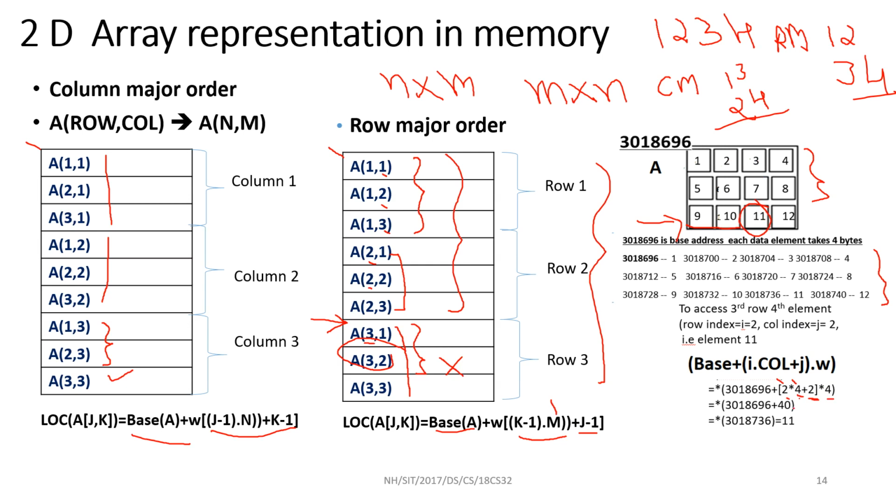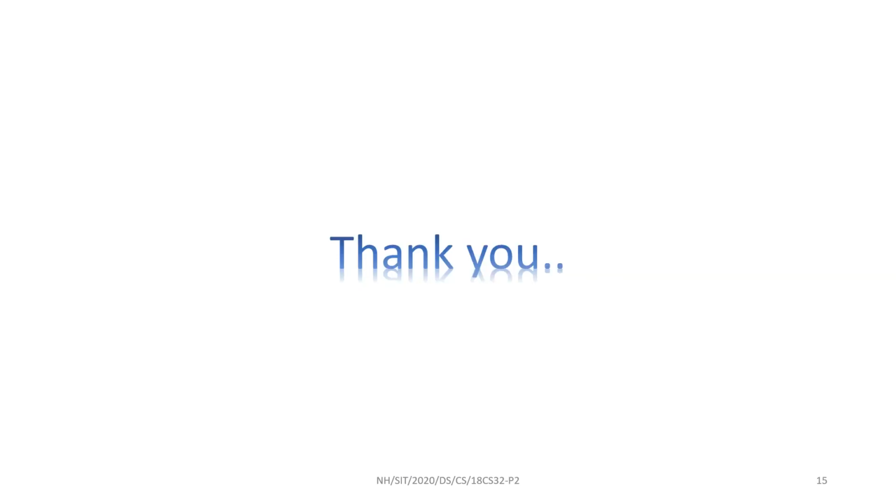Altogether you multiply by 4, and for that you add it to the base address. As you can see, the computed value and the actual value are both matching. This is how the address calculation is used in case of a two-dimensional array. With this, I will be ending my presentation on array operations.